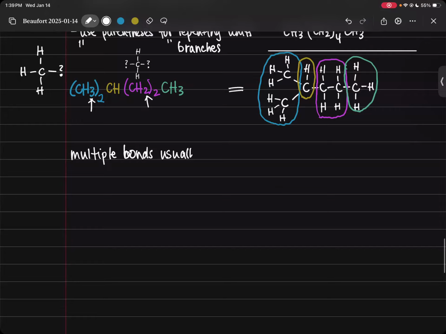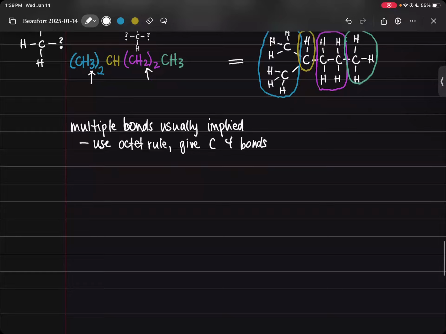If you have multiple bonds, those are usually implied in condensed structures. Like we did for determining branching versus carbons in the middle of a chain, we need to use the octet rule and make sure all of our carbons have 4 bonds.